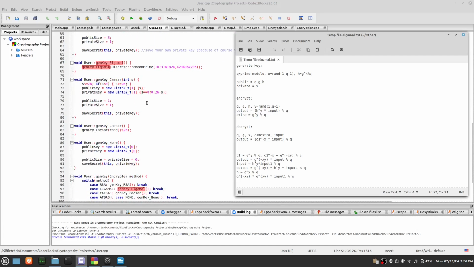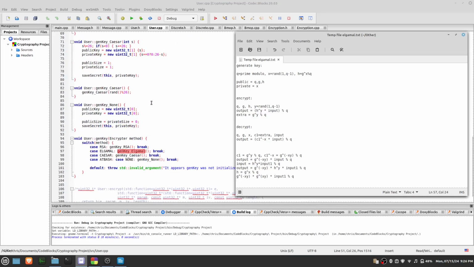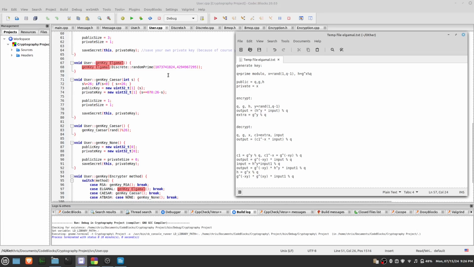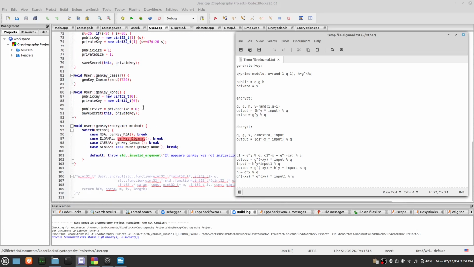I also did generate key Caesar. The Caesar cipher, if you don't know, you're literally just, for instance, if your shift is 1, then A becomes B, B becomes C, C becomes D. If your shift is -1, then A becomes Z, B becomes A, C becomes B, etc. So we literally just pick a random integer between 0 and 26, and that's the public key, and the private key is the negative of that, unless it's 0, then it's also 0.